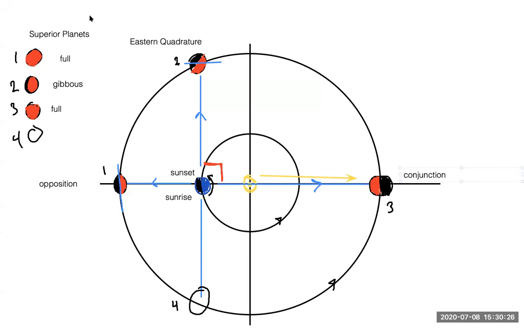So the last one here, our last phase that we're interested in, is another quadrature phase. And this time it's Western quadrature. And you can probably already guess what's going to happen here. So the planet is illuminated by the sunlight.